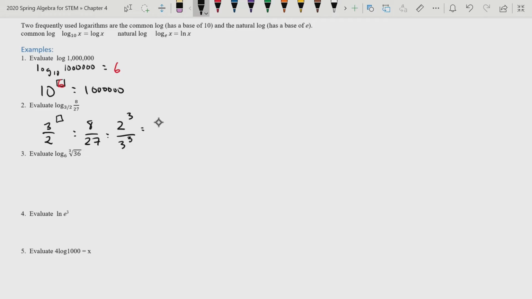So that's the same as 2 thirds to the 3rd power. We want to know what 3 halves to what power is equal to that. So negative exponents give you reciprocals. So this will be 3 halves to the negative 3. So the exponent on 3 halves that gives 8 over 27 is negative 3.